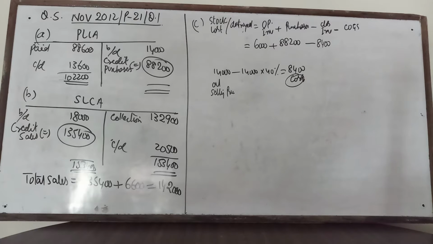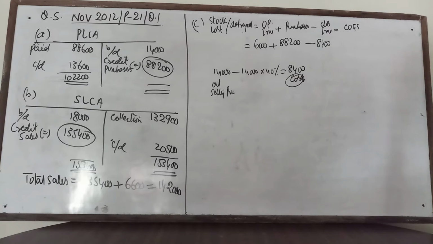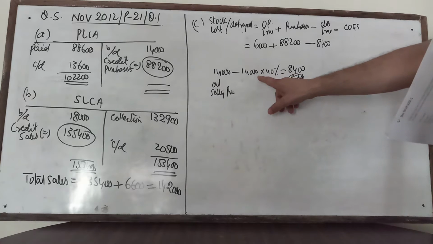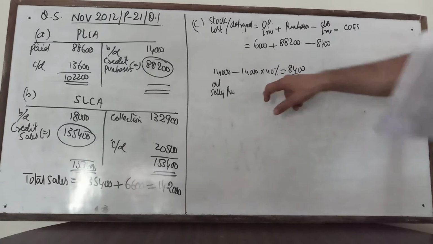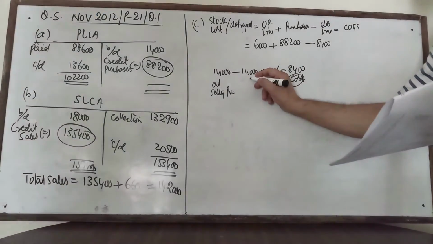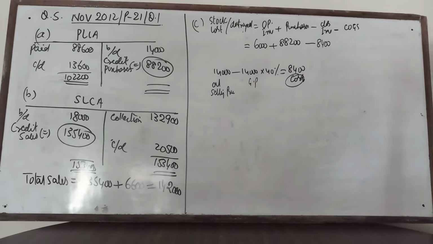He has valued closing inventory at 14,000 at the selling price, so we cannot record closing inventory at the selling price. Since the gross profit margin is given, which is 40% on sales, we have to minus the gross profit from it. This will give you closing inventory at cost price, and then cost of goods sold, the last information.